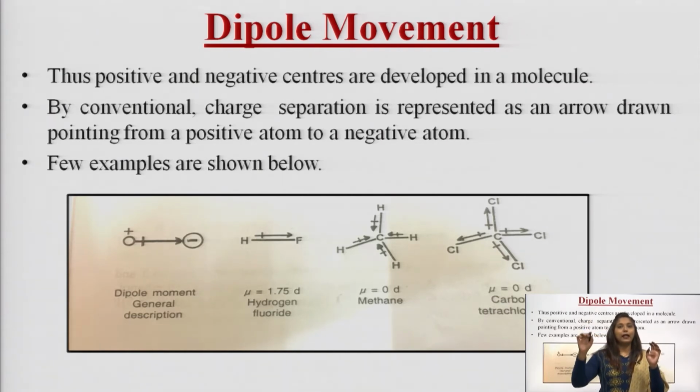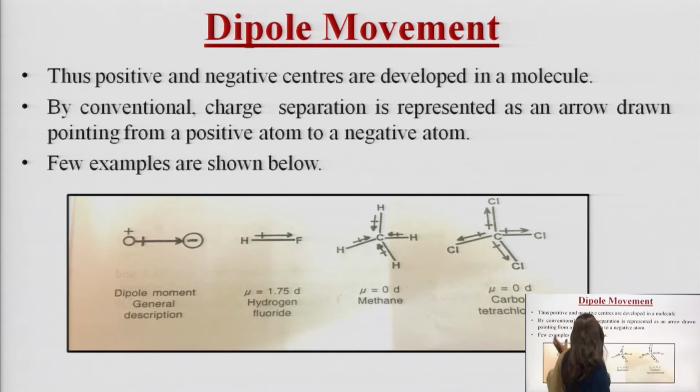The arrow indicating is towards the positive, and the arrow which starts is from the negative atom. Few examples are also listed in this diagram. The first example we have is dipole moment general description. General description है हमारे पास dipole moment की. आप यहीं से जो हम पढ़ रहे थे, by conventional charge separation is represented as an arrow drawn.